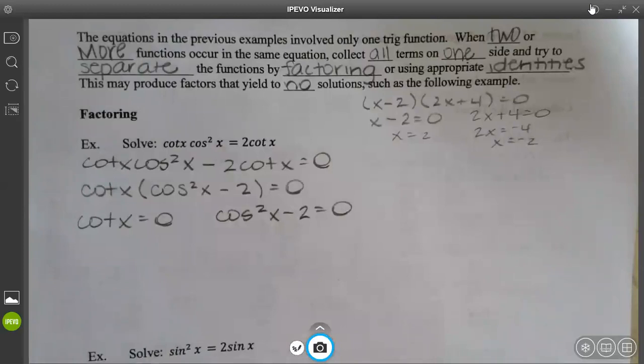Tell me what cotan is again. It's the opposite of tangent. What was your ratio for the coordinates of tangent? Y over x. So this should be x over y. So where would I get 0?